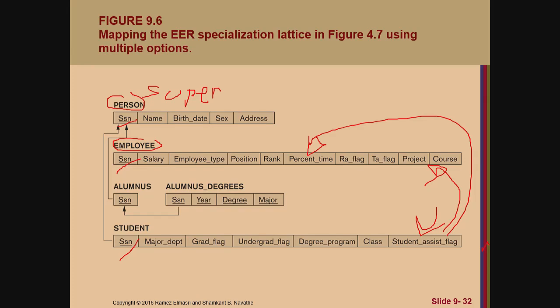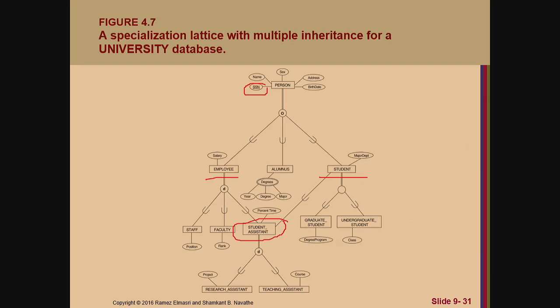And here we can see the flags, RA flag and TA flag. Why student here? Very interesting. Okay, anyway, in the textbook they do it like that. But if I design the table, I will not do that. I will move this one to here. Anyway, with both ways you can contain the information of the ER diagram for all of them. That's fine.